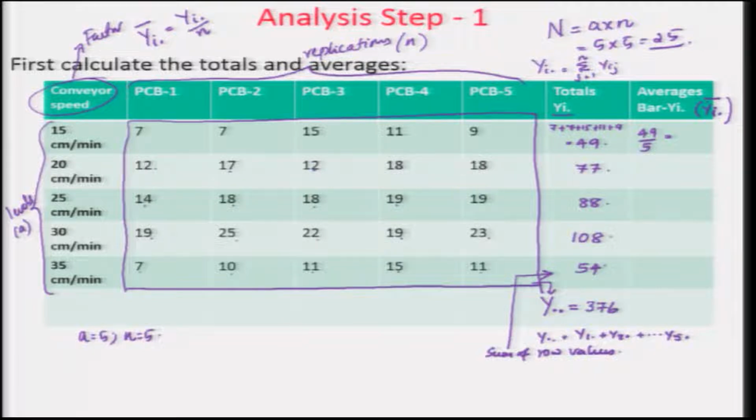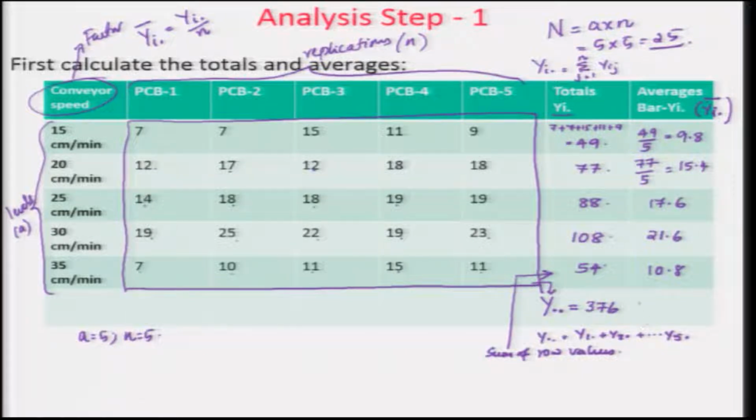There are 1, 2, 3, 4, 5 observations, so you divide by n, which is 5 here. 49 divided by 5 gives you 9.8. 77 by 5 is 15.4. The third is 88 divided by 5, which is 17.6. Then 108 divided by 5 is 21.6 and 54 divided by 5 is 10.8. So, these are your averages.